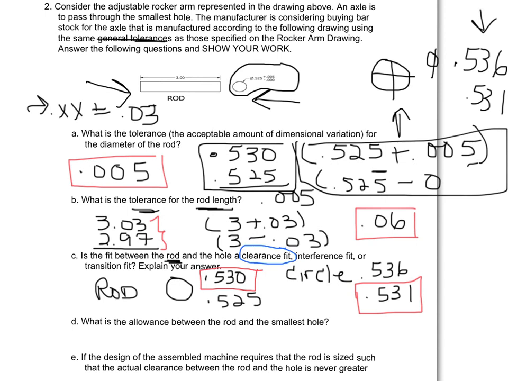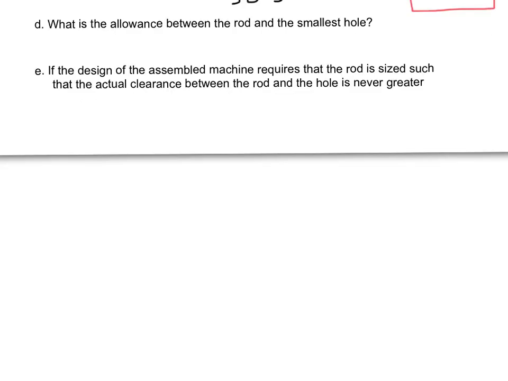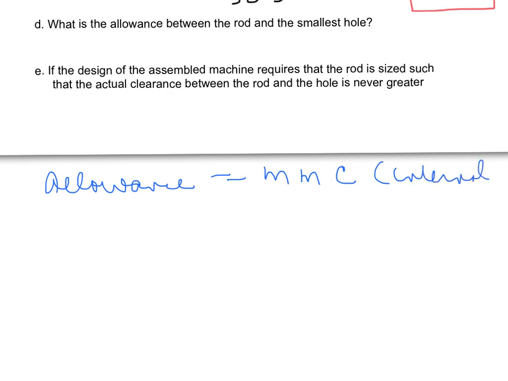Okay, let's go on to D, and I'm going to change pages. Okay, instead I just slid things up a little bit so we can see. All right, so for D, I'm going to do some work, so I'm going to use the space down here. What is the allowance between the rod and the smallest hole? Well, first off, you need to know that your allowance equals your MMC of the internal, which is going to be the hole, minus the MMC of the external.